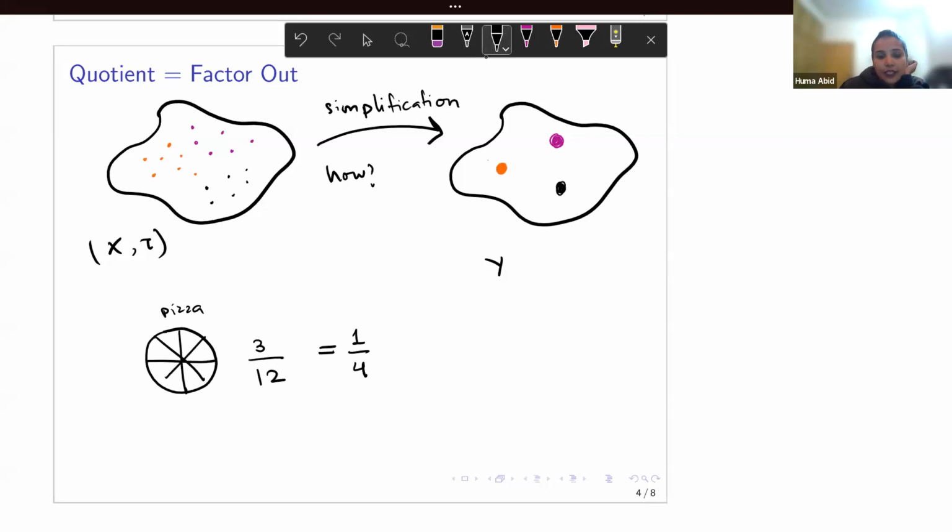So essentially saying that 3/12 is the same as 1/4, or some other large fraction is equal to some smaller, simplified, reduced version of that fraction. So you're basically factoring out all the commonalities and all the redundancies from this structure and presenting it in a very simplified manner. That's the point of quotient.